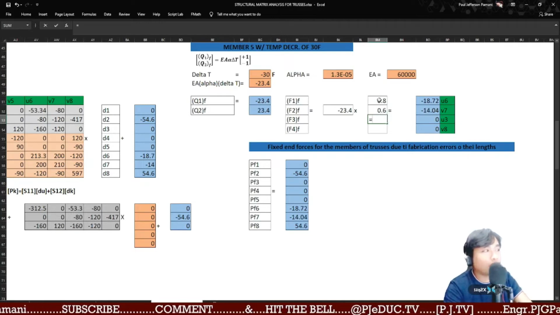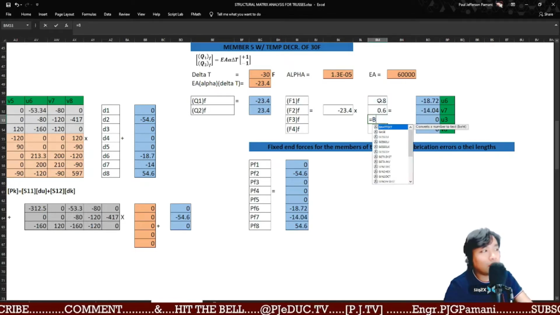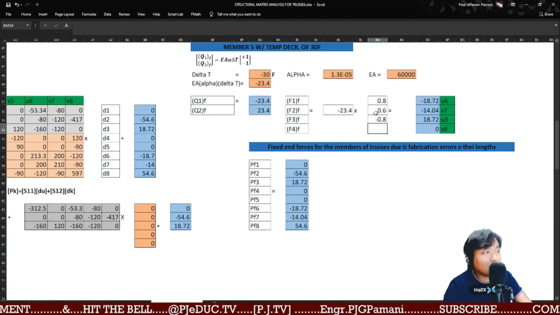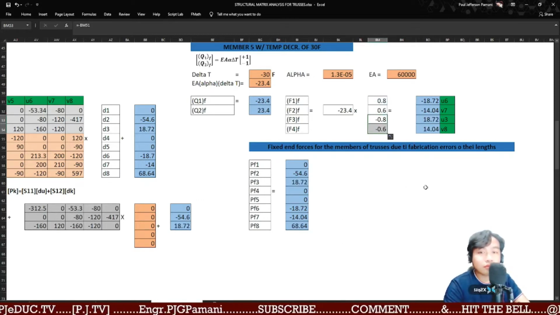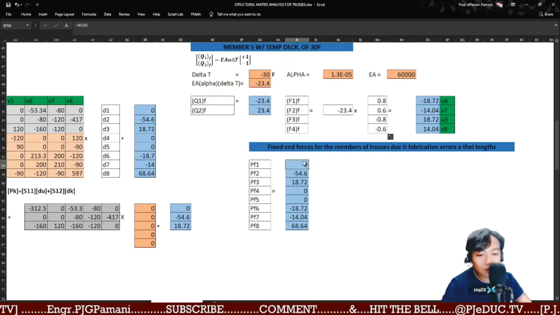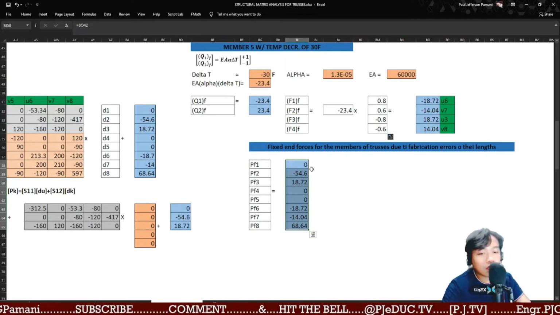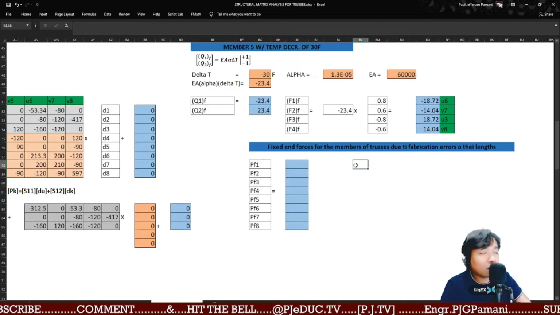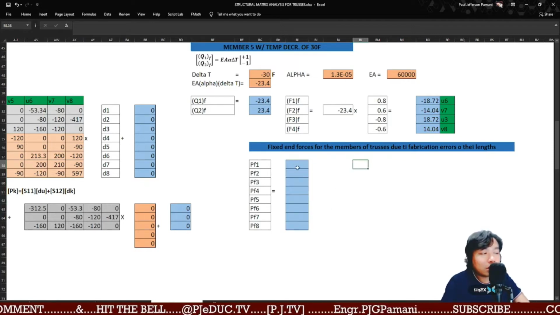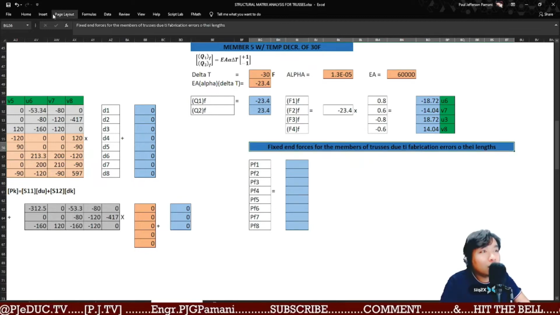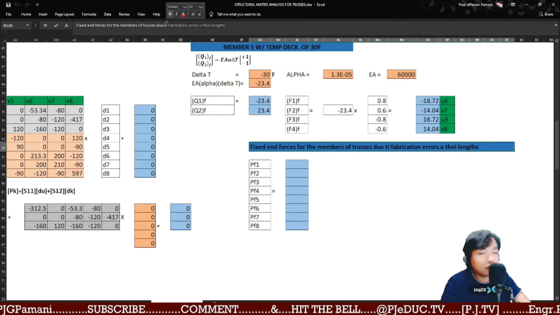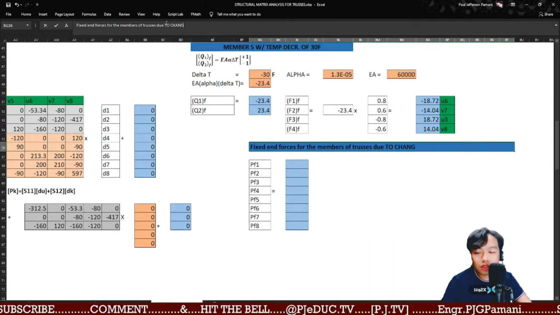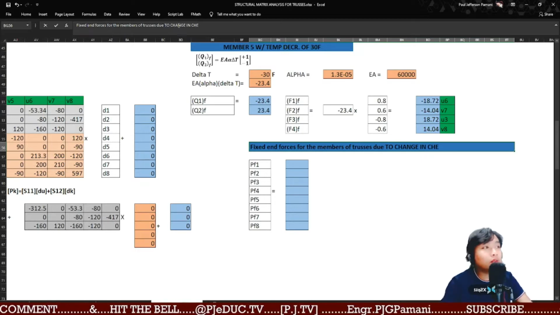Then, equal to the negative value of cosine theta and the negative value of sine theta. Okay? Then, of course, ilagay na natin siya dito sa additional forces due to change in temperature. These are now your fixed end forces for the member trusses due to change in temperature.